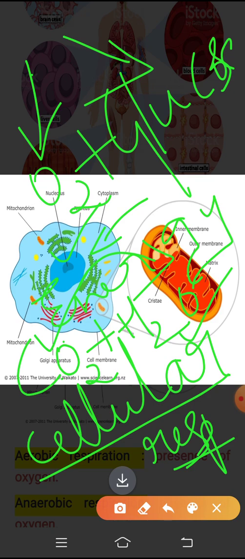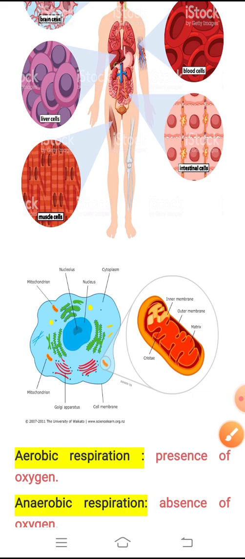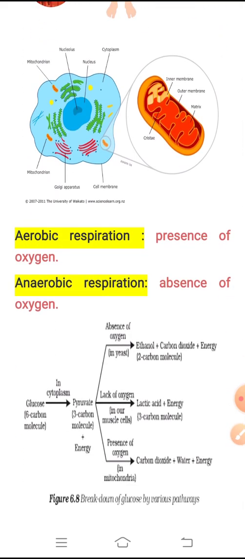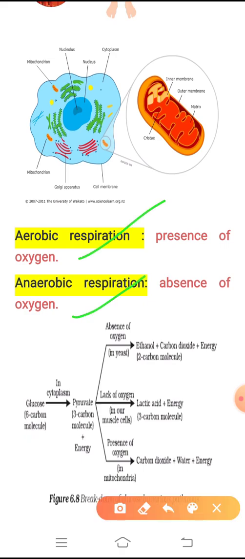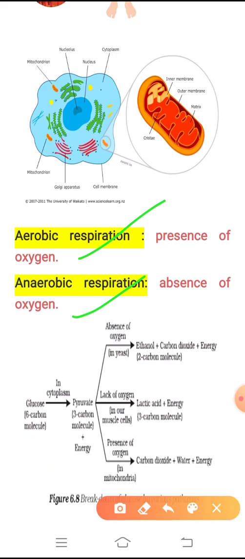So please remember this mechanism. It may be a little confusing or difficult at the beginning, but if you hear it 2 to 3 times, it will be a very easy topic, right? Let us move forward now. As I was discussing, respiration is broadly classified into 2 types: aerobic respiration and anaerobic respiration.